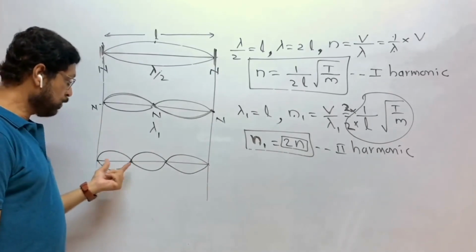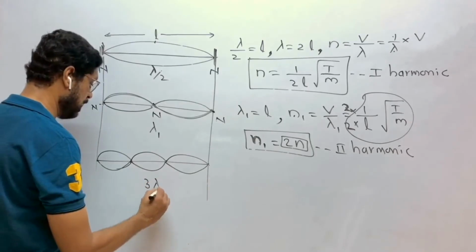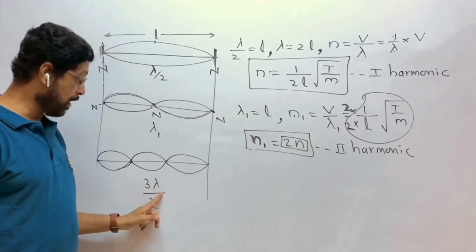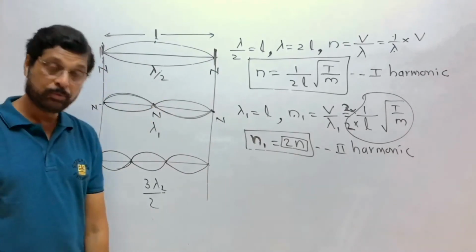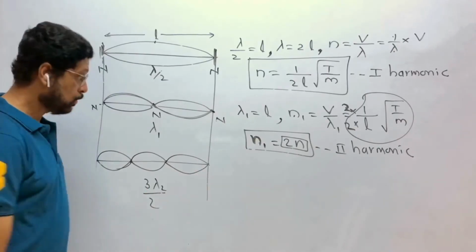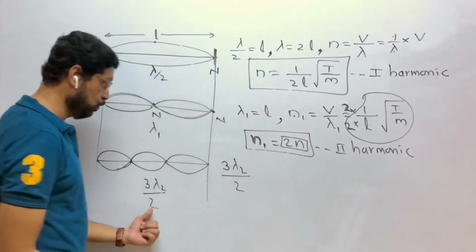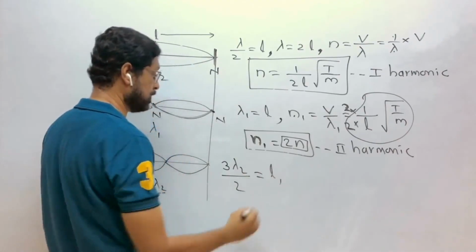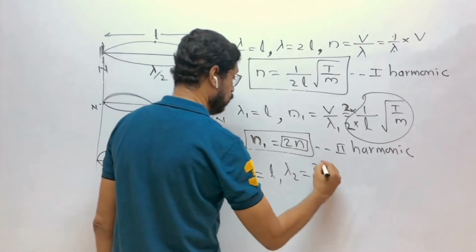So lambda by 2, lambda by 2, lambda by 2, that is 3 lambda by 2. And again, this lambda is different from these two, so we will call it lambda 2. So 3 lambda 2 by 2 is this length. So 3 lambda 2 by 2 is equal to L, or you can say lambda 2 is equal to 2L by 3.